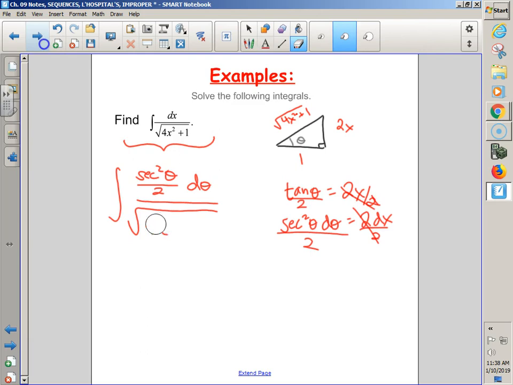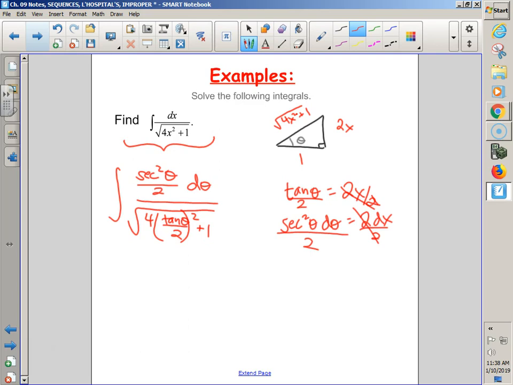I could take out the x and plug in tangent over 2. Now some of you are like, well, that just made everything worse. But did it? I substituted for the x using a trig expression. I substituted for the dx using a trig expression, and this is disgusting.